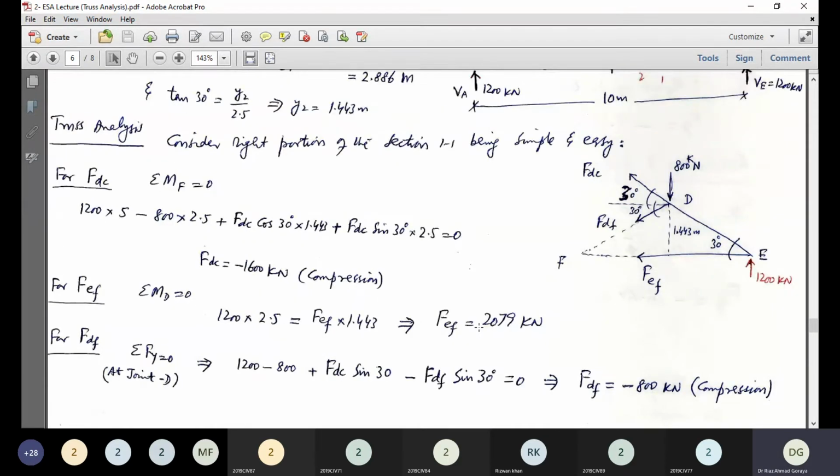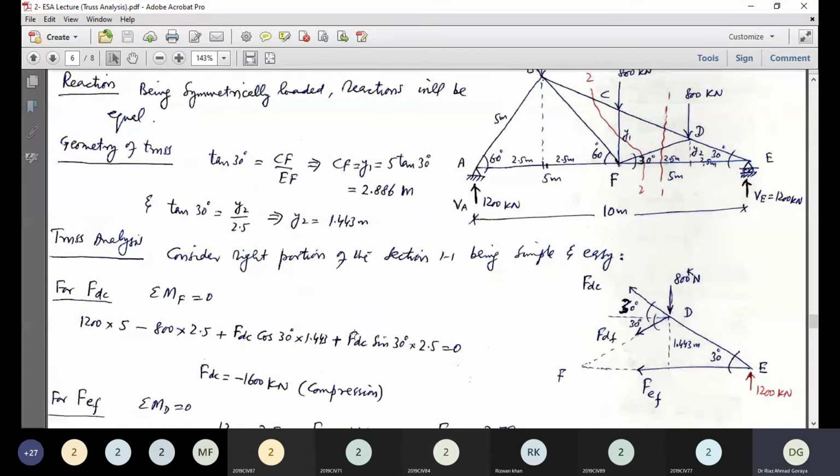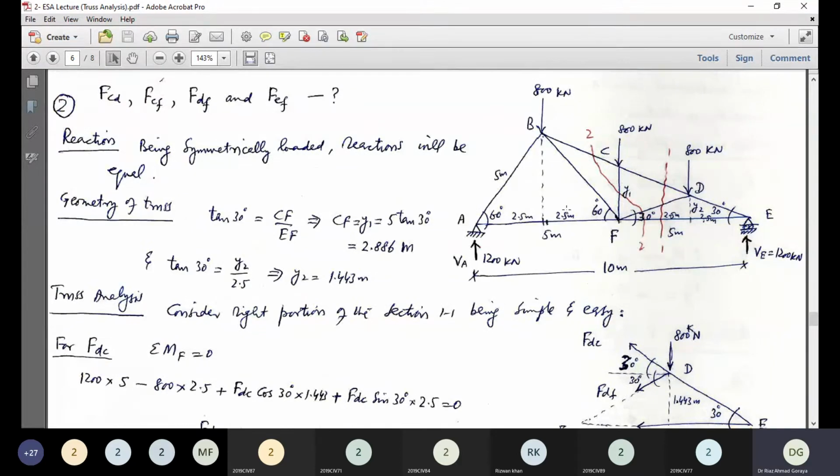So if you have any question up to now, you can ask, so that we can proceed for the next section, section 2.2. There should be no question. Anyhow, now if we look at this truss, this member CD is known now, this DF is known now, this EF is known now.